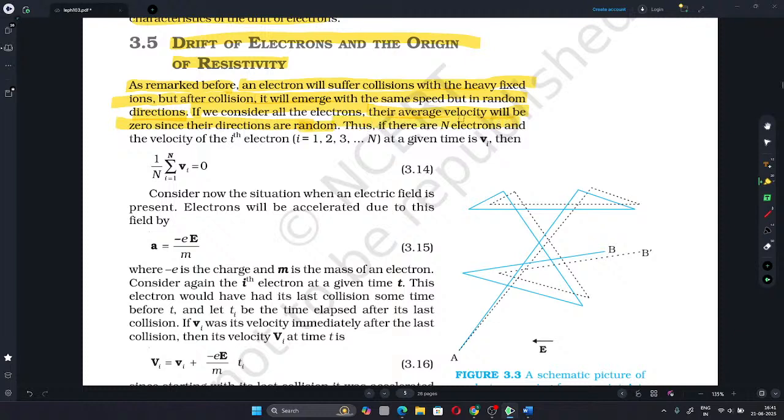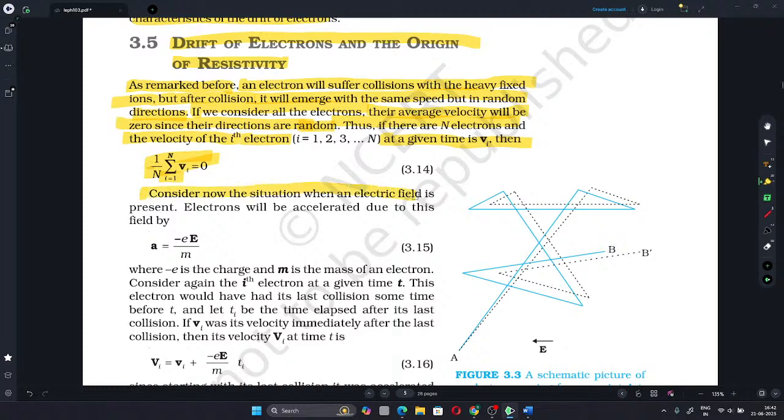Thus, if there are n electrons and the velocity of the ith electron, where i equals 1 to n, at a given time is Vi, then 1 by n times the sum of Vi from i equals 1 to n, the net velocity for all the electrons, will be 0. This is basically the sum of the individual velocities of all the electrons.